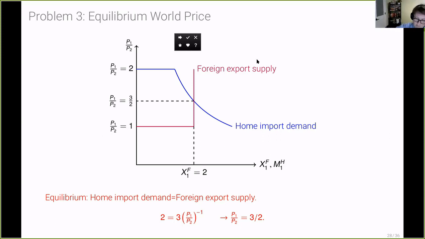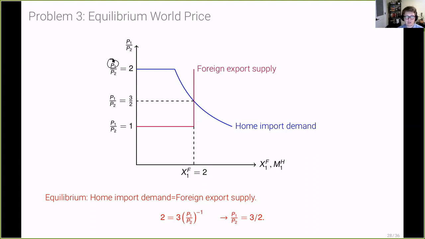Yeah, so basically if I'm thinking about, for instance, good 1, then I'm examining good 1 here, like in section 2 we examined good 2 instead. And so whichever good we're examining is the one that's going to be in the numerator. So it's going to be the relative price of good 1 with respect to the other good.